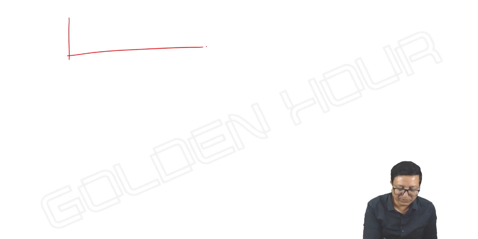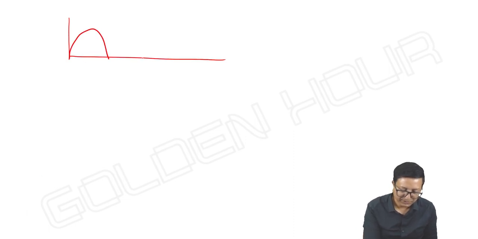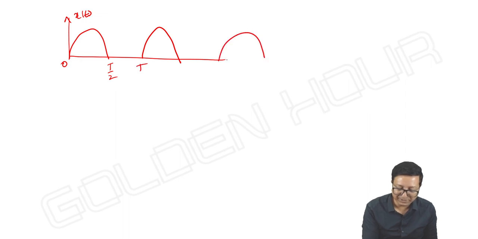Instead of this, suppose I have a signal like this, x of t, from 0 to T by 2 and capital T, repeating something like this.